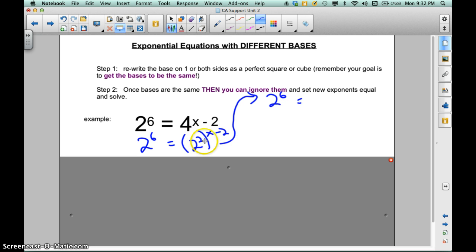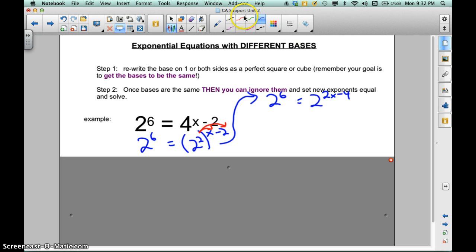And what do I do with this power inside the parentheses and this power outside the parentheses? I hope you remember that we have to distribute it, multiply it to each piece. So this exponent of 2 times x is 2x, and 2 times negative 2 is negative 4.